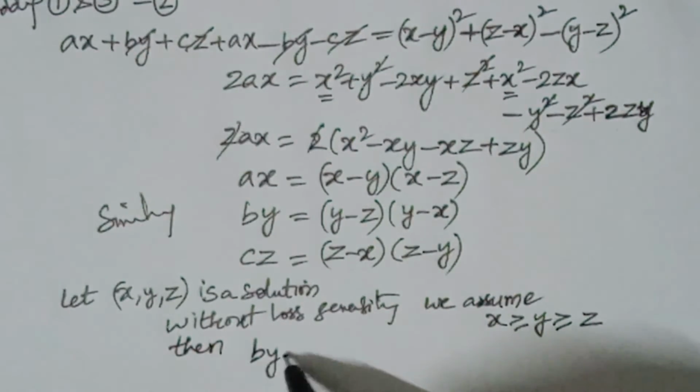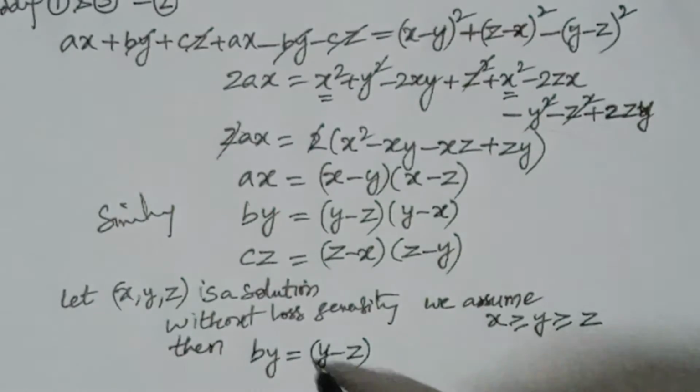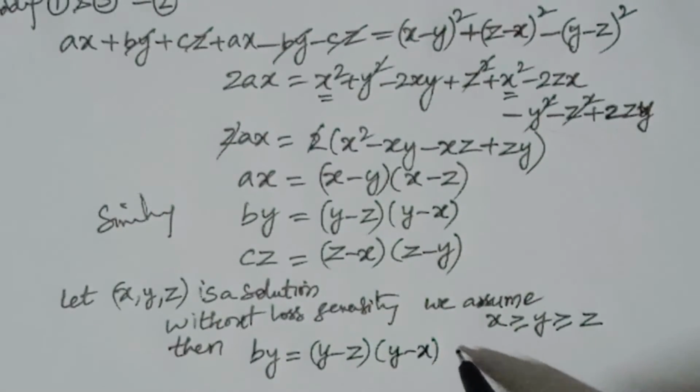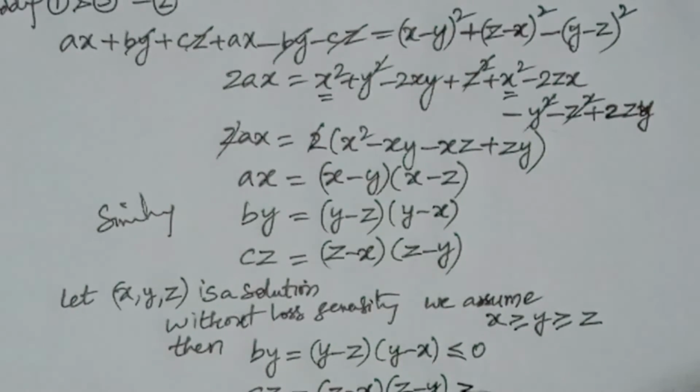Then by, which is (y minus z) into (y minus x), will be less than or equal to 0. But cz, which is (z minus x) into (z minus y), will be greater than or equal to 0.